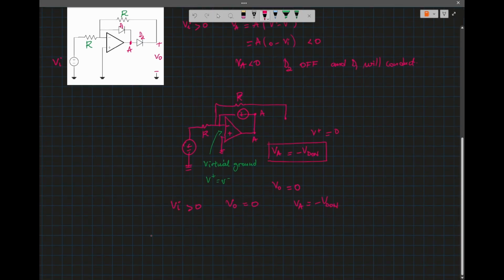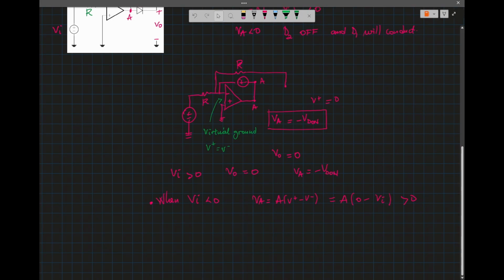Now when VI is less than 0, VA, which is A times V plus minus V minus, so A times 0 minus VI. VI is negative, so this will be positive.